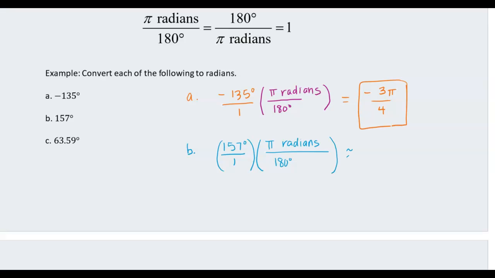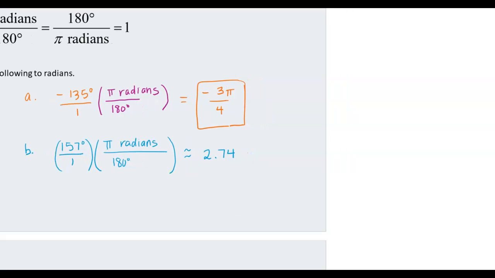In this case, I'm going to type in 157 times pi, divided by 180, and I get approximately 2.74 radians. Let's think about where 157 degrees is if we were to look at that on the unit circle.